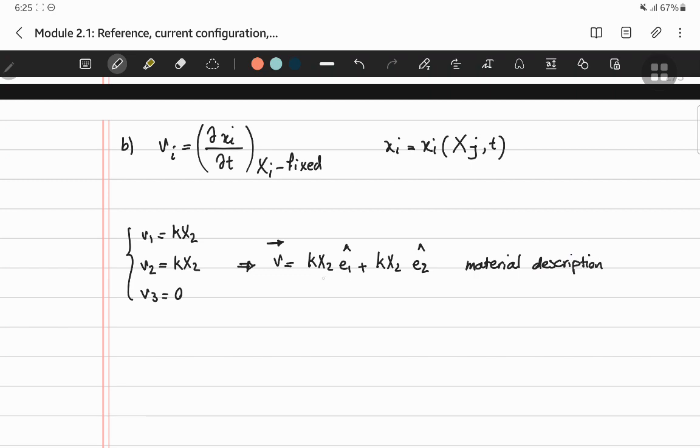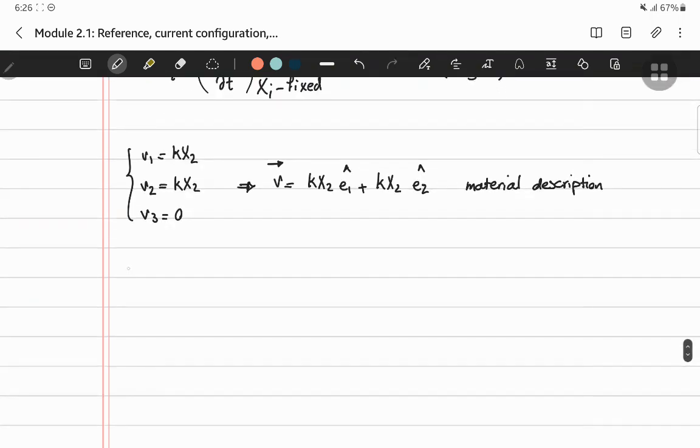But if you can calculate x2 and replace capital X2 with small x2, you'll be able to find the velocity in the spatial description.